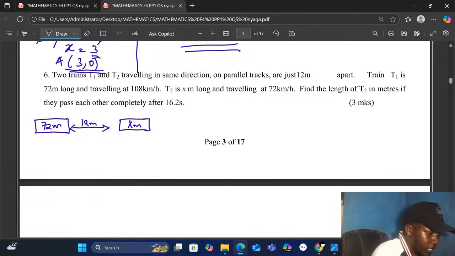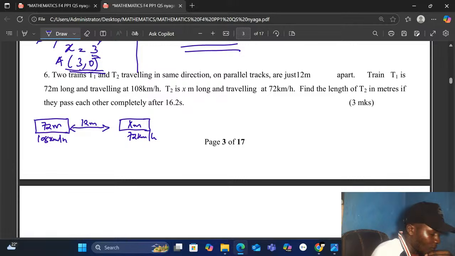But train T1 is moving at a speed of 108 kilometers per hour. Then train T2 is at 72 kilometers per hour. So that is how we interpret the question.